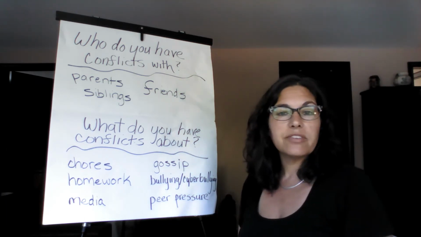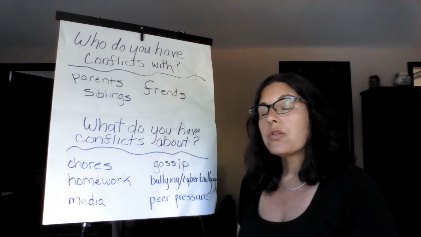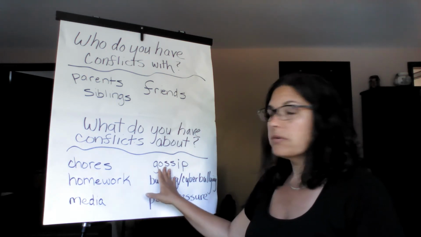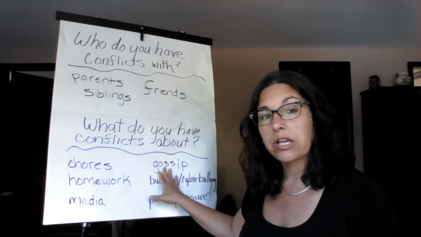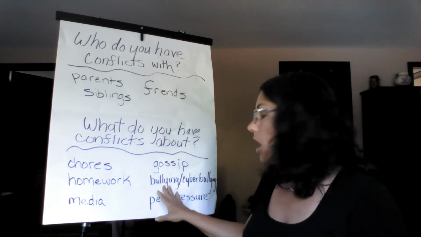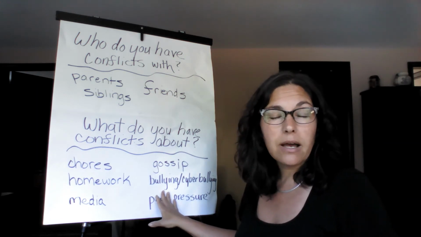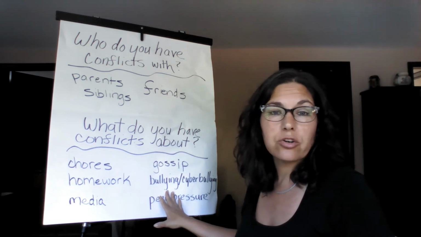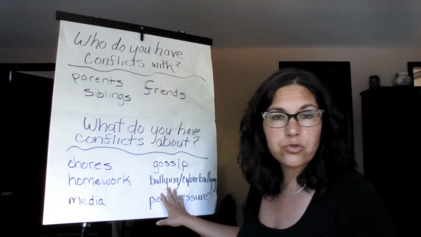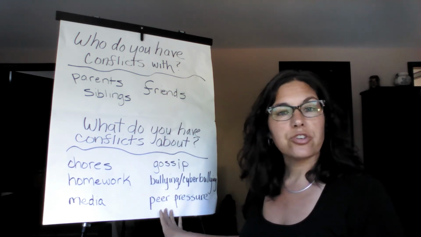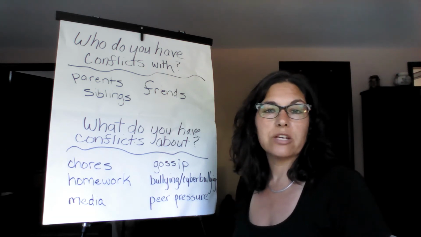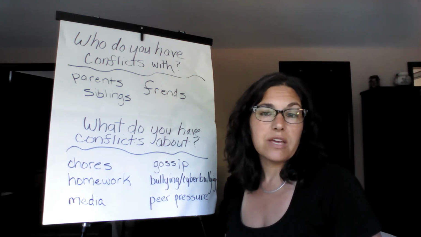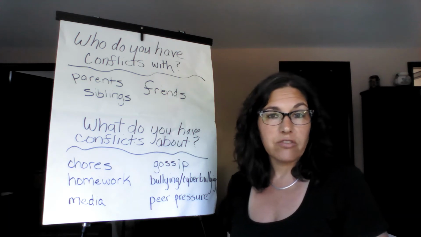When it comes to conflicts with our siblings or our friends, those things tend to revolve around gossip, maybe saying something that's not nice about someone else or talking about them behind their back, bullying and cyberbullying via text messaging or Snapchat or other social media, and then peer pressure. Sometimes we get in conflicts with people because they're pressuring us to make a choice that we think might not be good for us, and that could result in conflict.